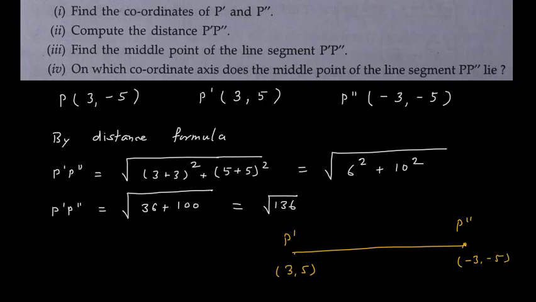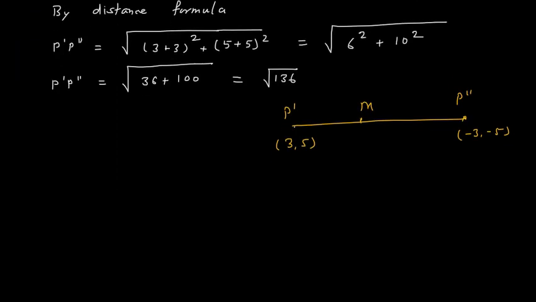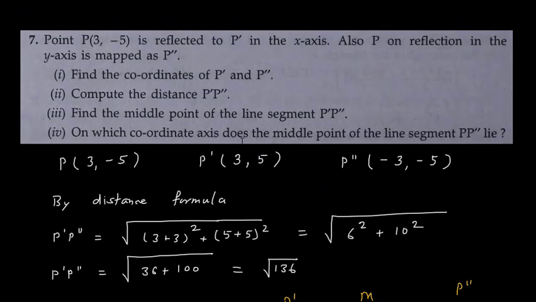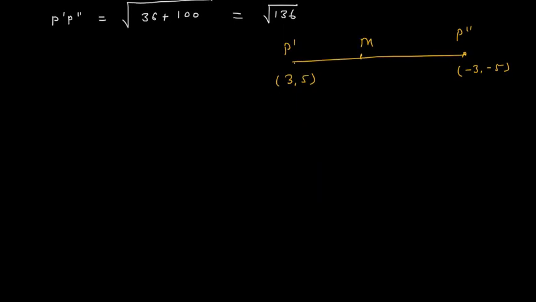Have they given any name? No. So I will say let M be the midpoint of P dash P double dash. Now the coordinate is say (x, y).